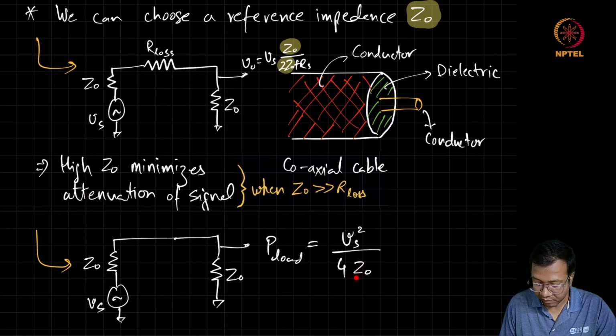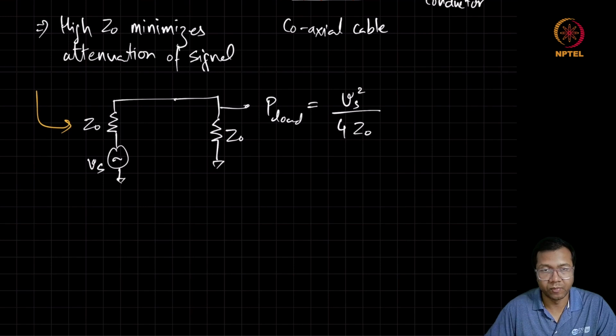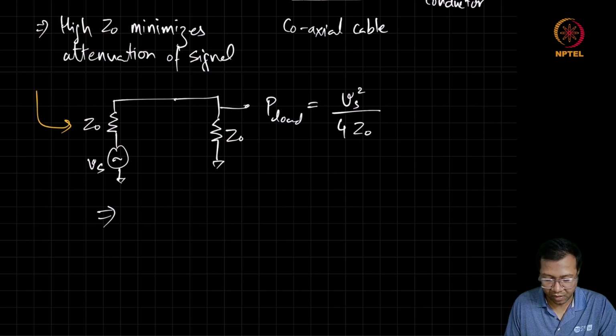If we increase the value of Z0, we can see that for the same power, Vs also needs to be increased. And if we increase the Vs value, when the signal flows through a transmission line, there is going to be a very high electric field between the two conductors. There will be a limit at which this dielectric may break down. If we want to transfer as much power as possible to the load without the breakdown of the cable, then the Z0 value which we choose as a reference impedance should be as low as possible.